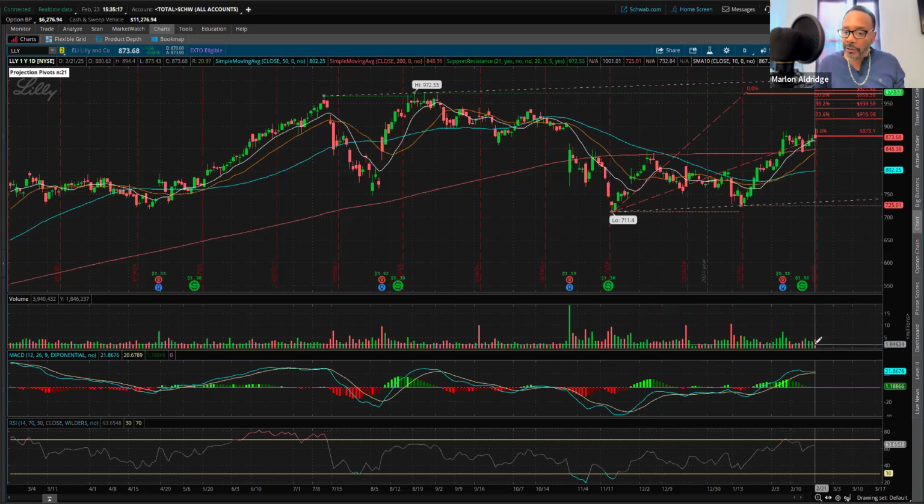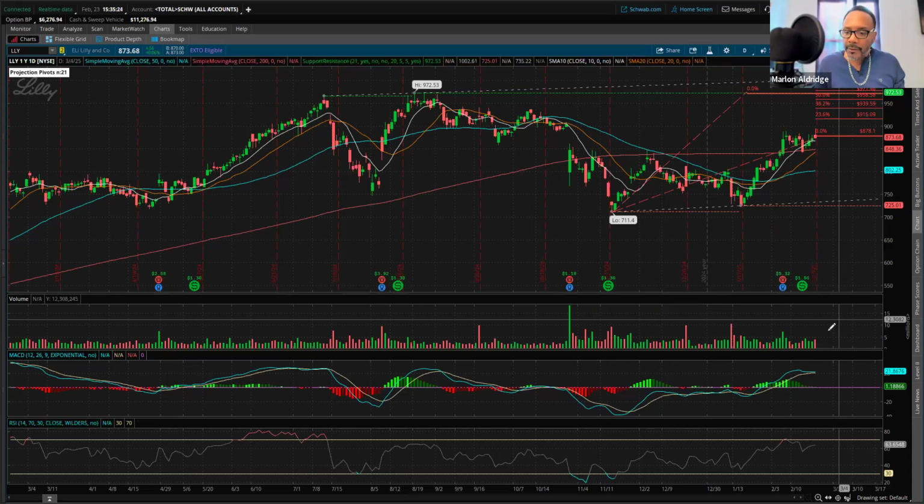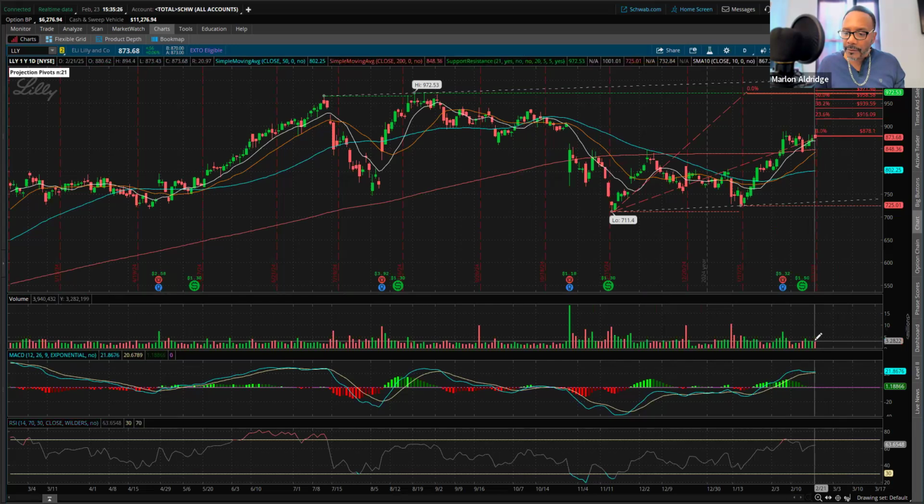Okay, here I can see on this, my last trading day, my volume was right at about 4 million, 4.1 million or so. And if I wanted, I could put an average on this to see if that is above the average or below the average.